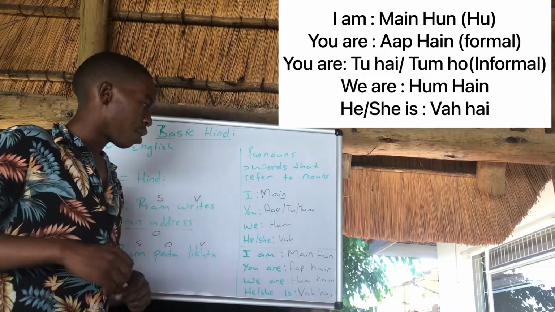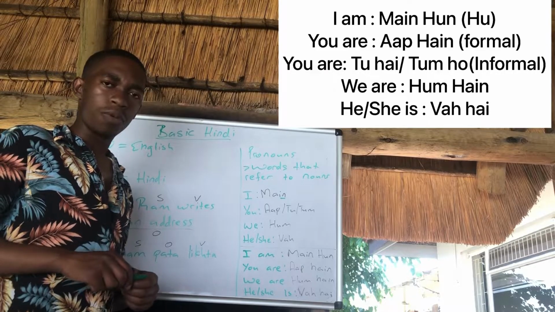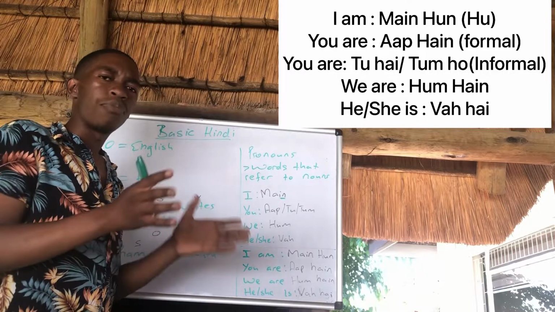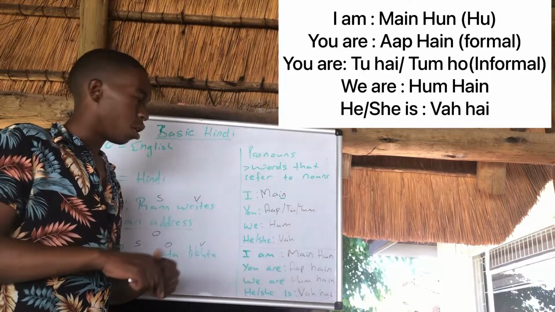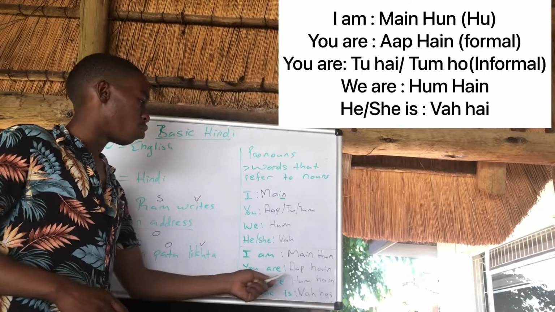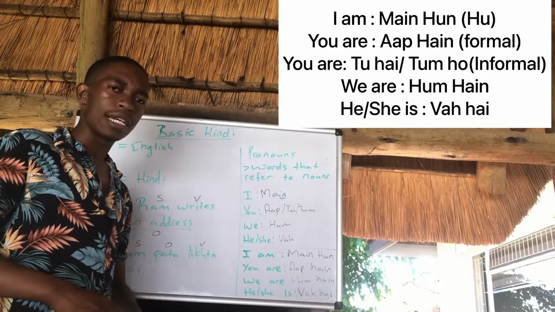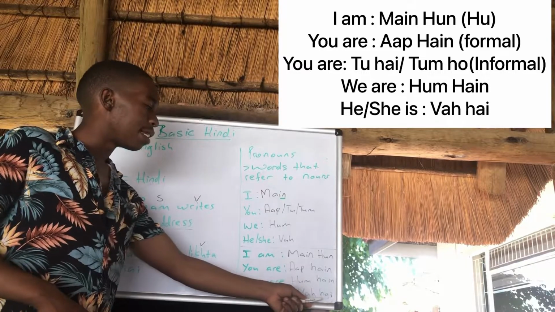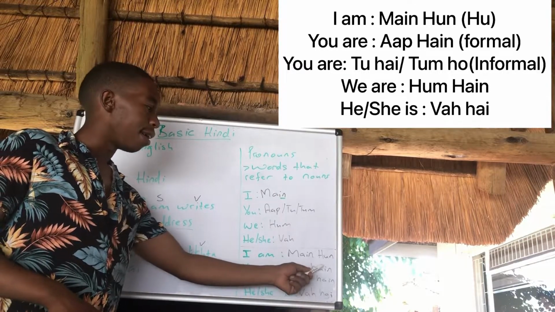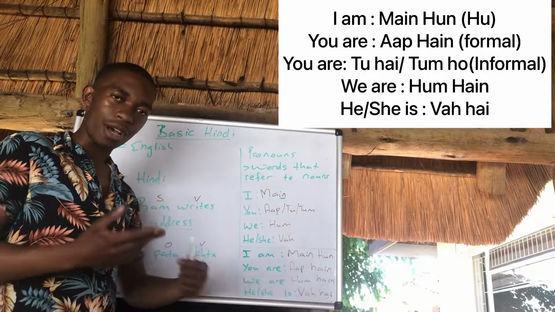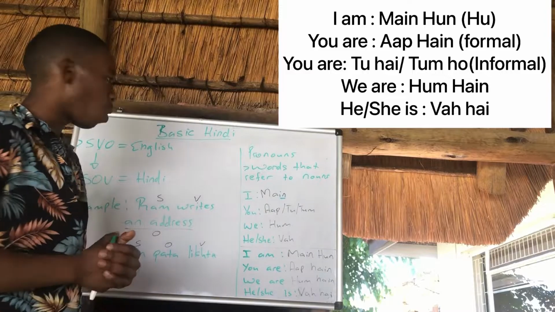In Hindi, when you're referring to older people, when you're talking to someone who's older, you usually talk in a plural form. That's why the sentence most of the time ends in hain. So when you're using aap, the sentence will always end in hain. When you're using he or she, the sentence ends in hai. Hain, nasalized, hai. You understand now? Okay.